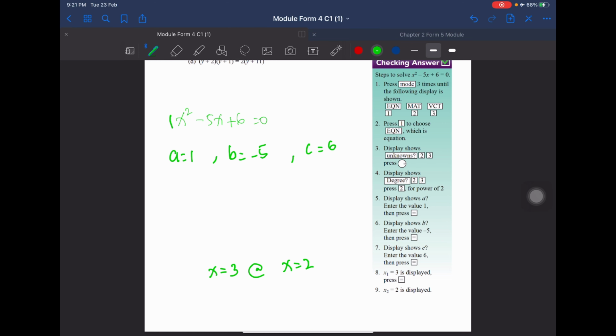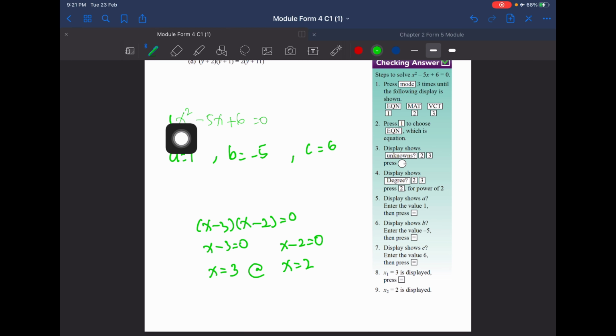Dari ni tadi, awak undur balik ke atas. So kita ada X. 2 pindah ke sebelah jadi negatif 2. So X minus 2 equals to 0. Ini pun sama, X minus 3 equals to 0. So maksud dia 2 ini adalah kita punya faktor. So awak kurungkan X tolak 3, X tolak 2 sama dengan 0.